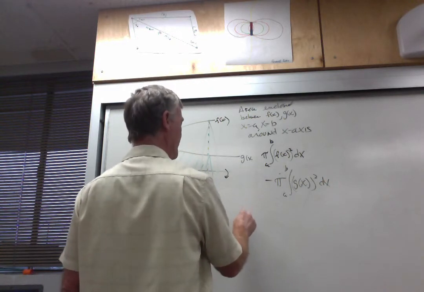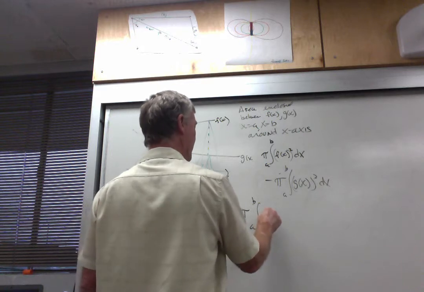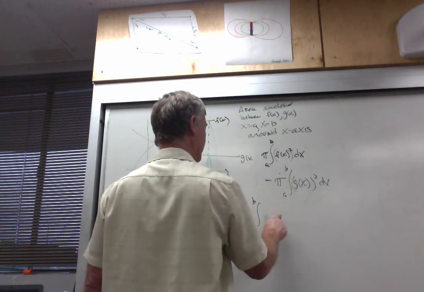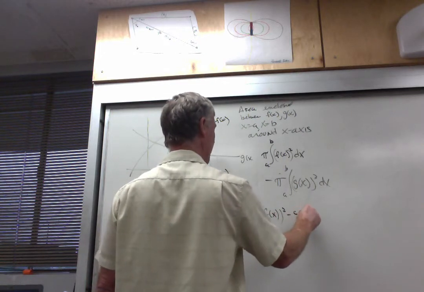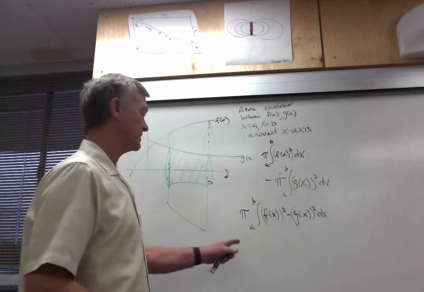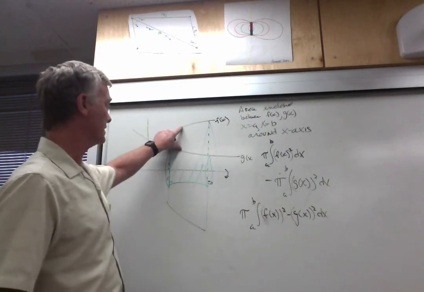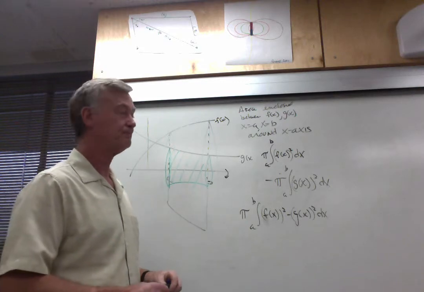And this then would be, because of our rules for integrals, f of x squared minus g of x squared dx. By the way, it's not f of x minus g of x. It's the whole thing and subtract out what's in the middle.